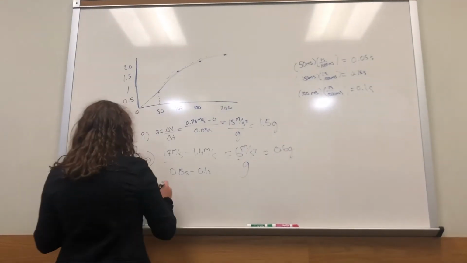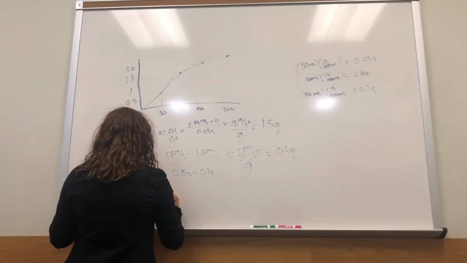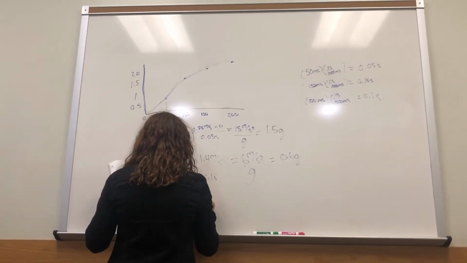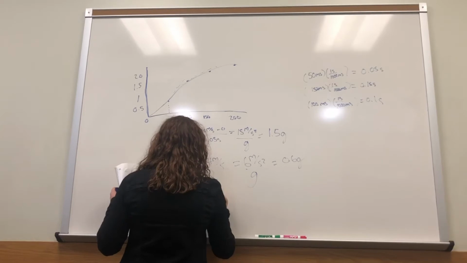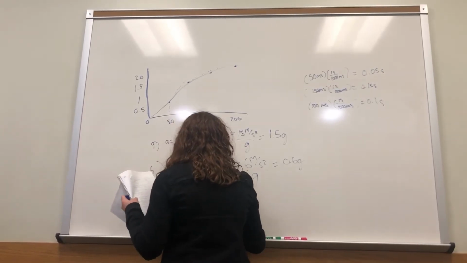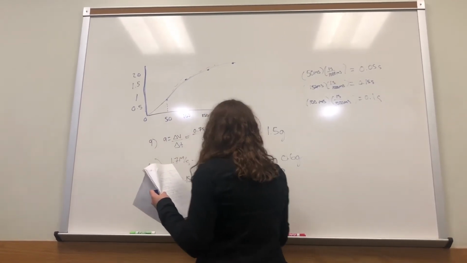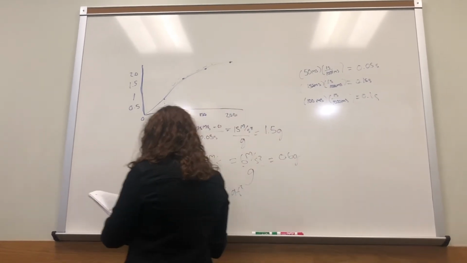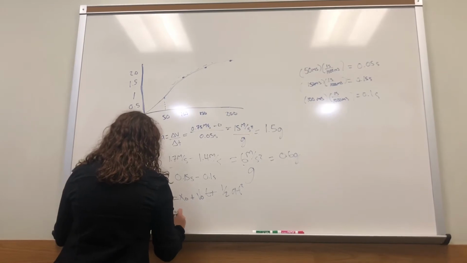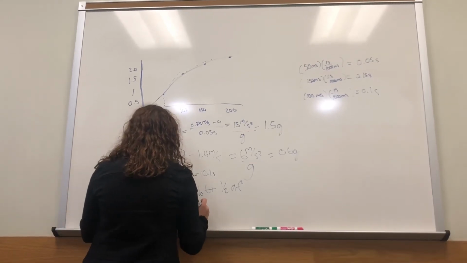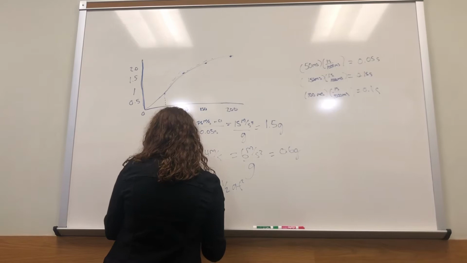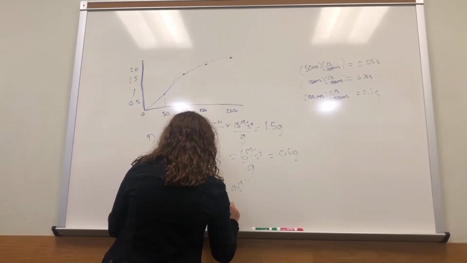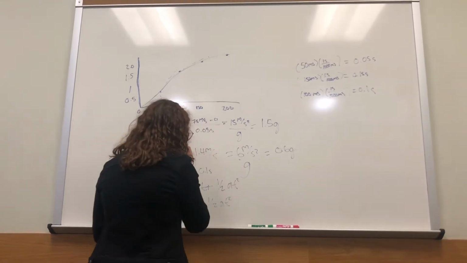And so to do that, we're going to use the equation x equals the initial position plus initial velocity multiplied by time plus 1/2 multiplied by the acceleration multiplied by time squared. And so we're going to plug in our values for that, and we get x equals, our initial position is 0, our initial velocity is 0, and so we're left with 1/2 multiplied by acceleration multiplied by time squared.